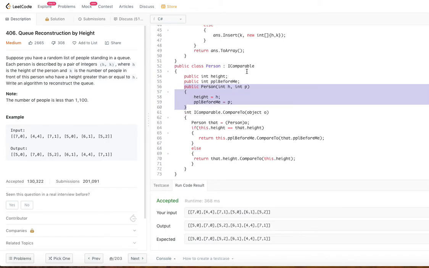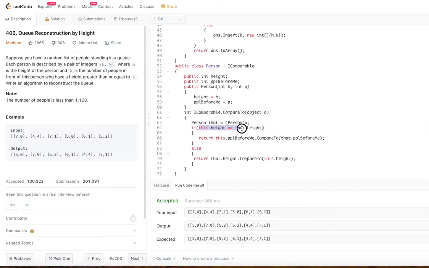I made this class implement the IComparable interface, since we have to sort these people in terms of their height and the number of people, that k. So I have this compareTo method, which will take another person and compare with it.